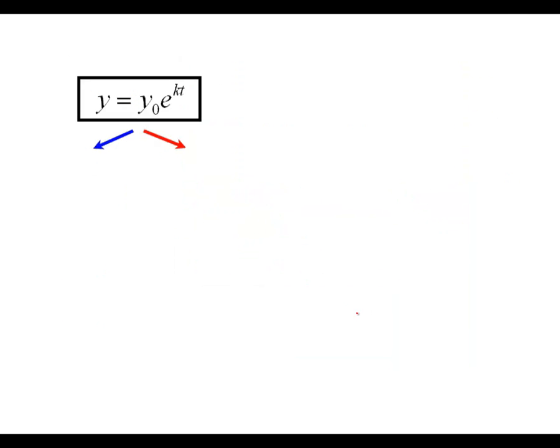Now, lastly, once you have something compounded continuously, let's say, for example, you're looking for the half-life of something. Well, half-life meaning what you end up with is half of what you start with. So let's say we end up with 500 milligrams.